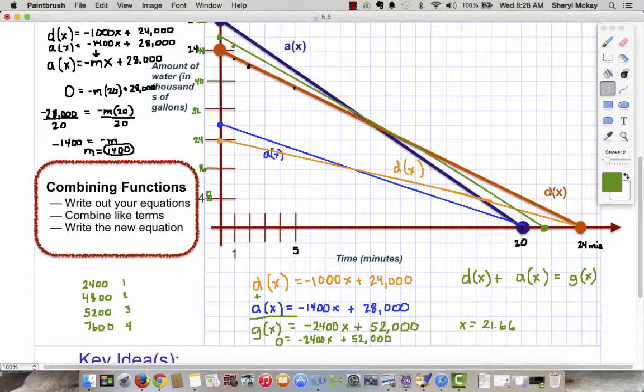So what we've just done is now looking at this green. Let me see if I'll just go over it like this. Looking at this green line right here, and I'm drawing very freehand.